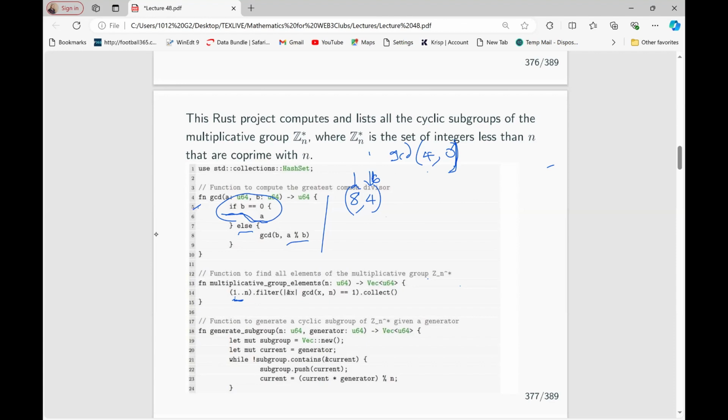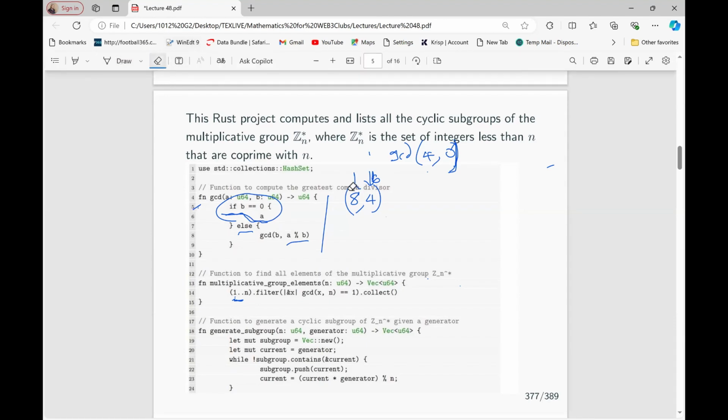I've used very easy elements. Let me use ones that are not easy. These ones are very easy. They were just giving us one step.